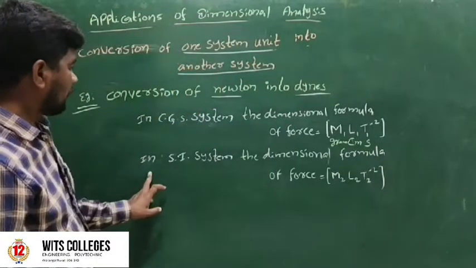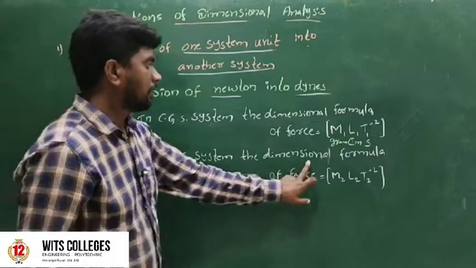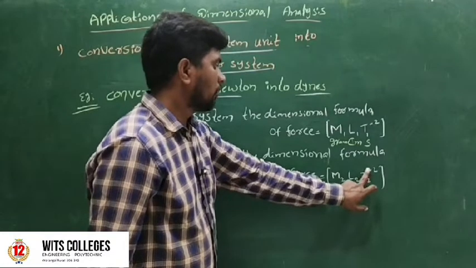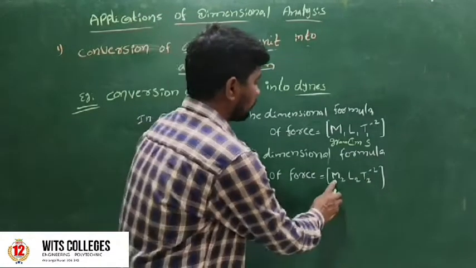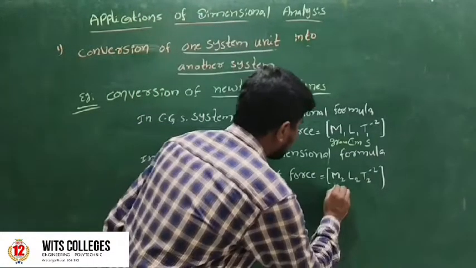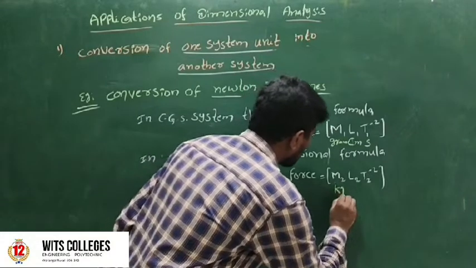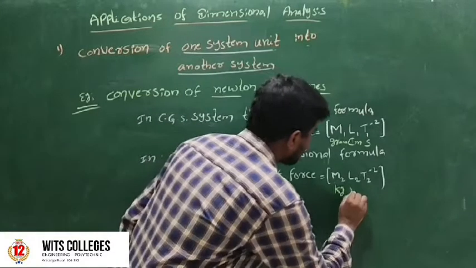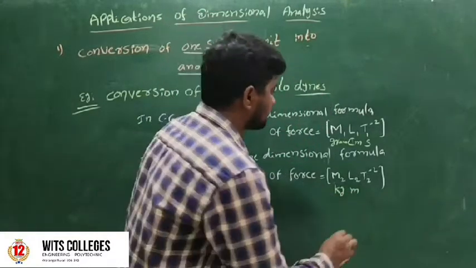Next, in the SI system, the dimensional formula of force is M2 L2 T2 to the power of minus 2. M2 is the reference kilogram, L2 represents the meter, and T2 represents the second.